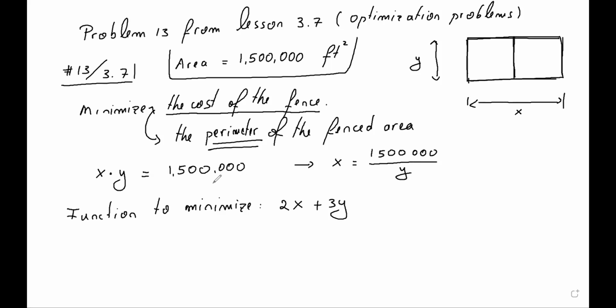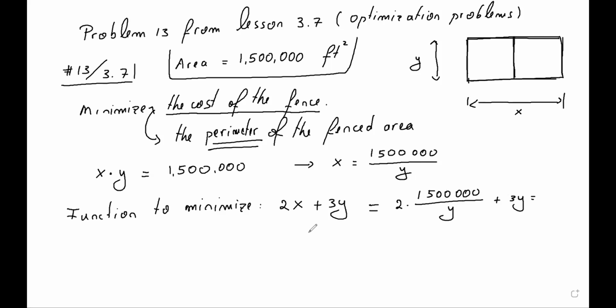So I can solve for X in terms of Y. And then I can write my function down here as 2 times X, which is 1,500,000 divided by Y, plus 3Y.